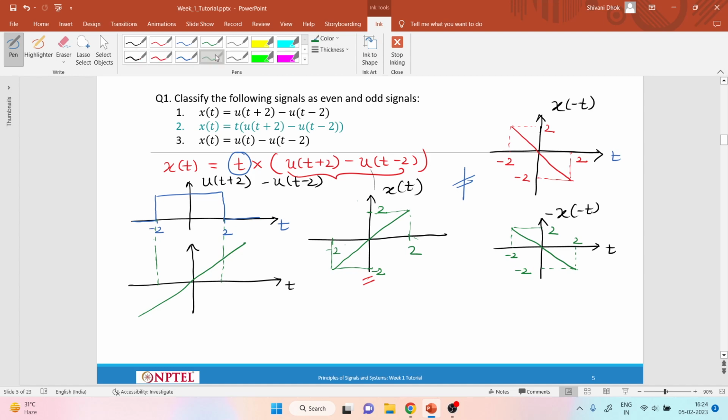And if we look at these two signals, these are equal. That is, what we are having is x of t is equal to minus of x of minus t, or in other words we have x of minus t is equal to minus of x of t, and therefore this is an odd signal.